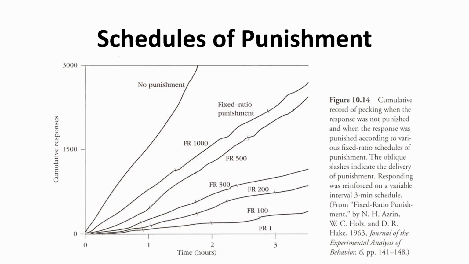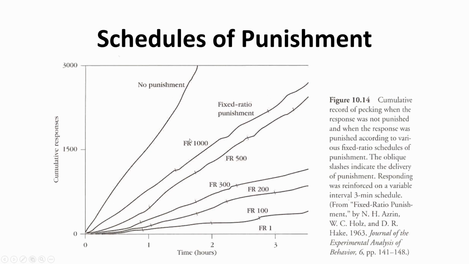It is interesting to note that even on a fixed ratio of 1,000, meaning that 1 in every 1,000 responses was being punished, we still actually do see some decrease in that responding behavior. So this slope is not as steep as a no punishment situation.